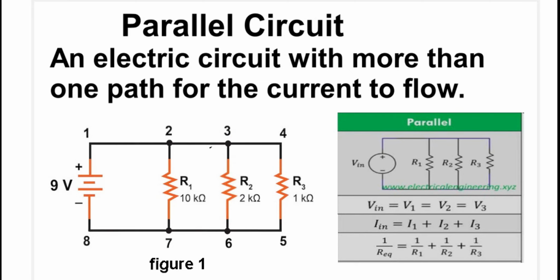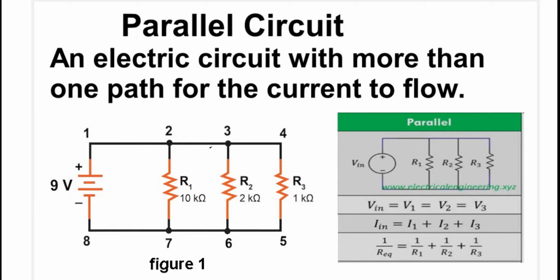And these resistances are connected to two common points. Like resistance 1, which is 10 kilo ohms, is connected to two common points, which are 2 and 7. And these are called the nodes.